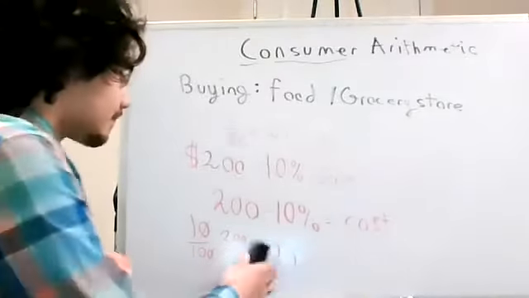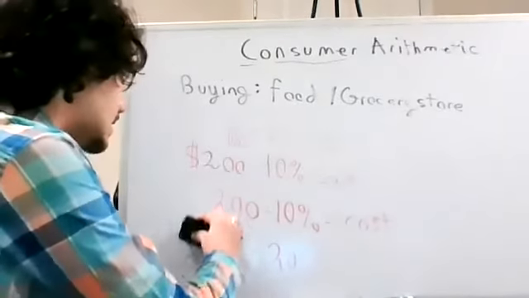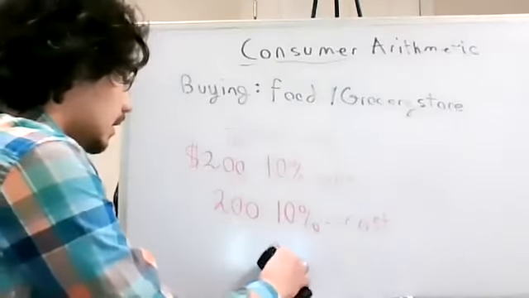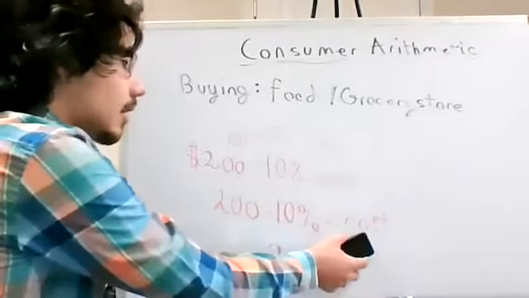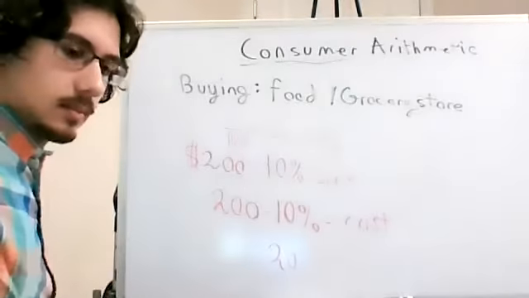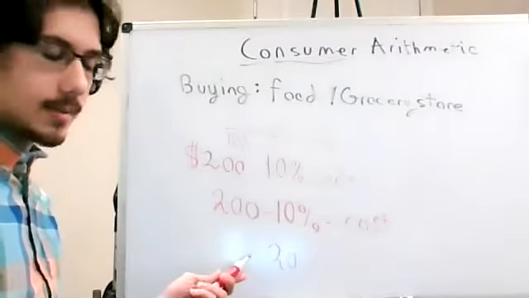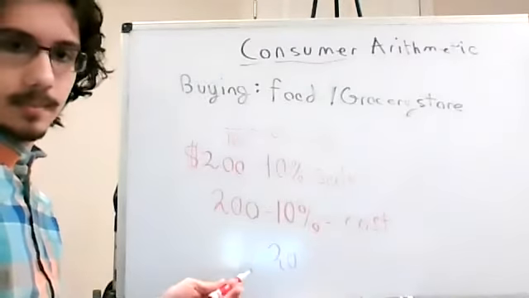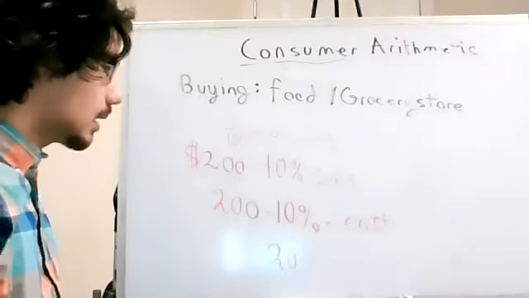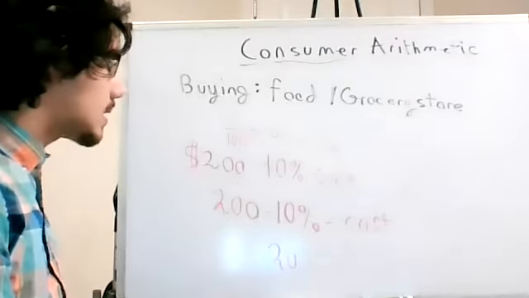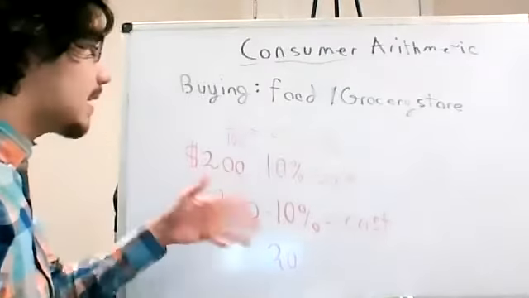So tell me, is this 20 what the end cost is going to be? What does this 20 represent? The sale price. Okay, so what are we going to pay for the milk?